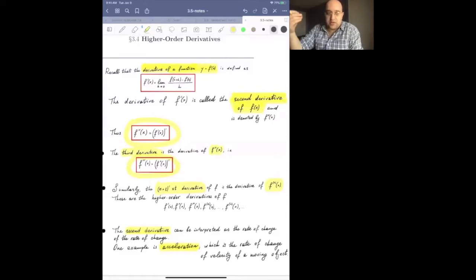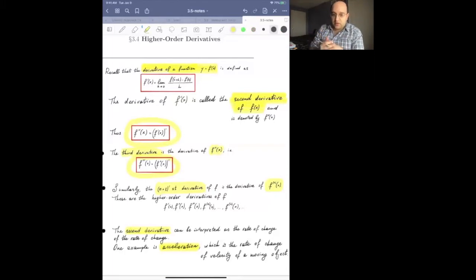In terms of acceleration, it means your acceleration is positive, so you're accelerating, meaning that your velocity is going up. If you're decelerating, that means the second derivative is less than 0, or acceleration is negative. That means your velocity is decreasing, right? So you're slowing down. That's the meaning of the second derivative.